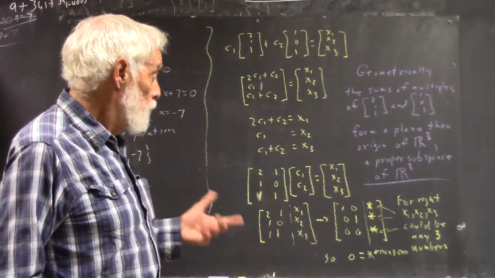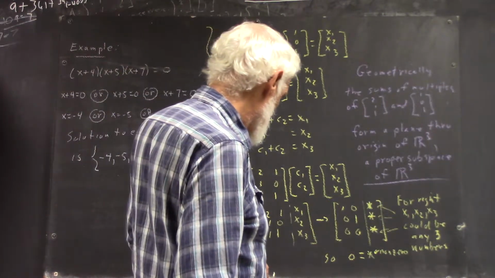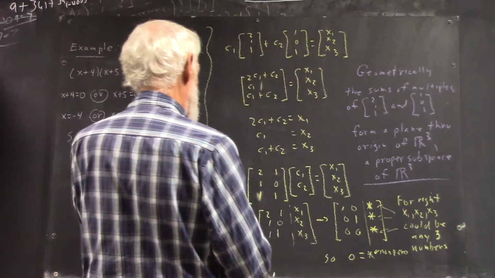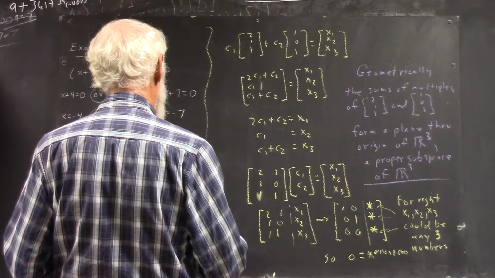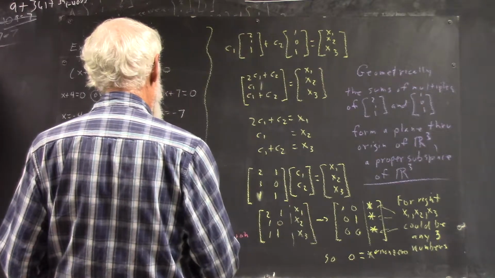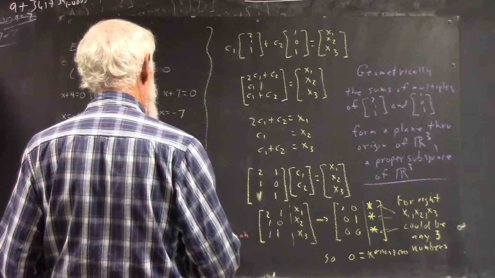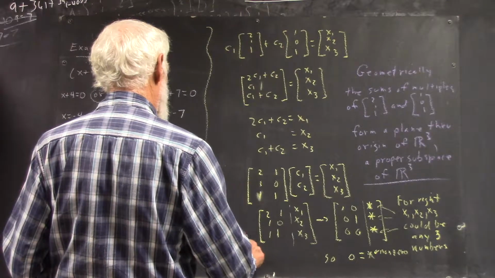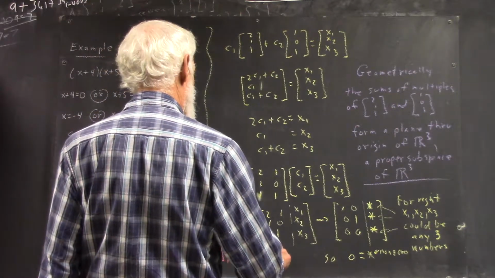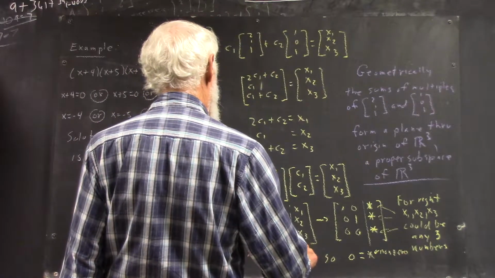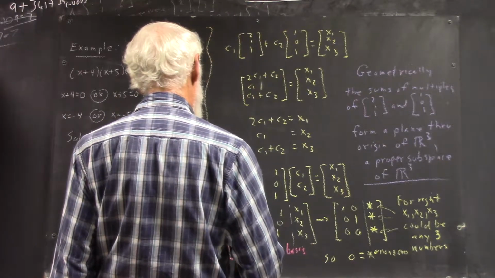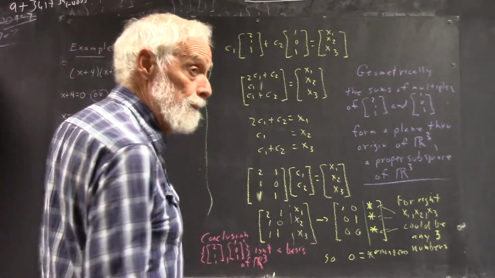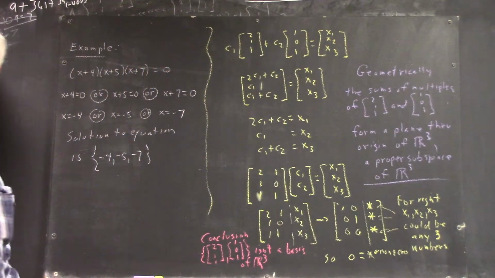So these things, conclusion, the set consisting of these two vectors is not a basis of R3. Okay?